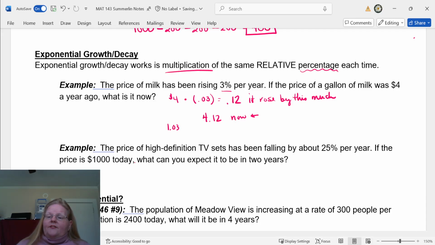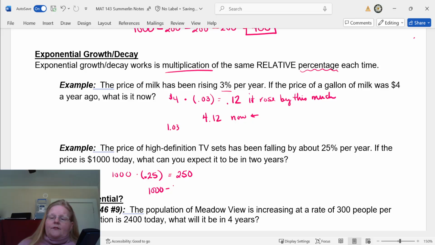The price of high-definition TV sets has been falling by about 25% per year. If the price today is $1,000, what can you expect it to be in 2 years? Well, if we are losing 25%, 25% of $1,000 is $250 off.